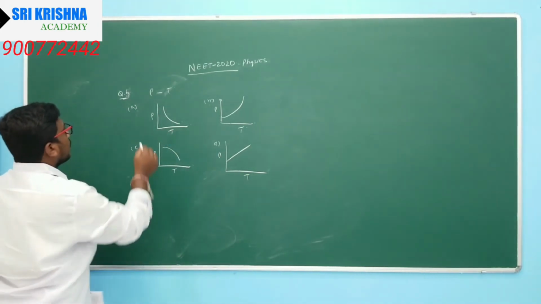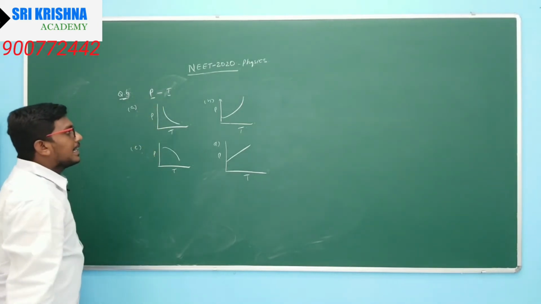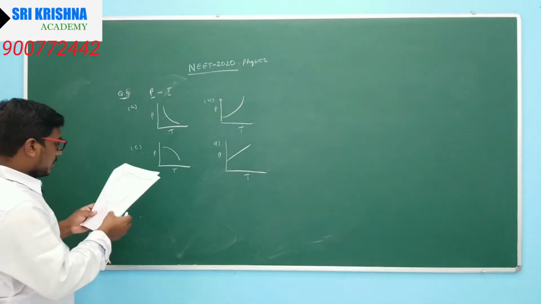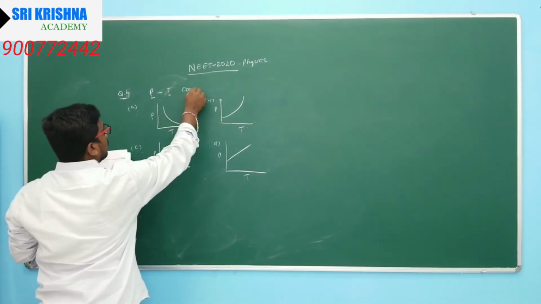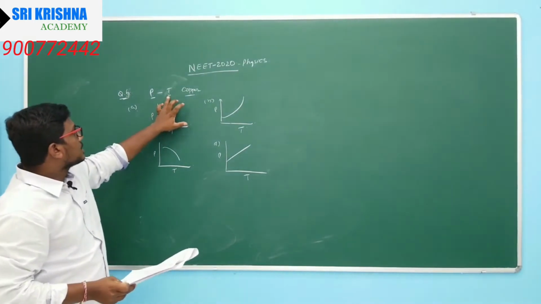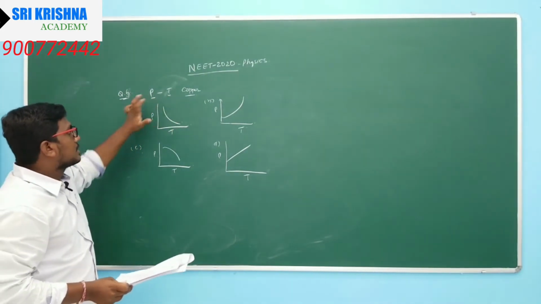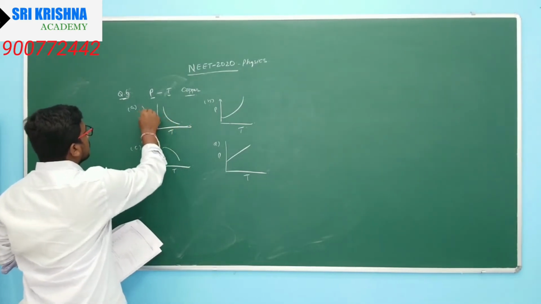We know that when you increase the temperature, the resistivity will increase for a metal like copper. This you need to remember: for a copper material, when you increase the temperature, the resistivity will increase. In this example the temperature is increasing and the resistivity is decreasing, so this is not the option.